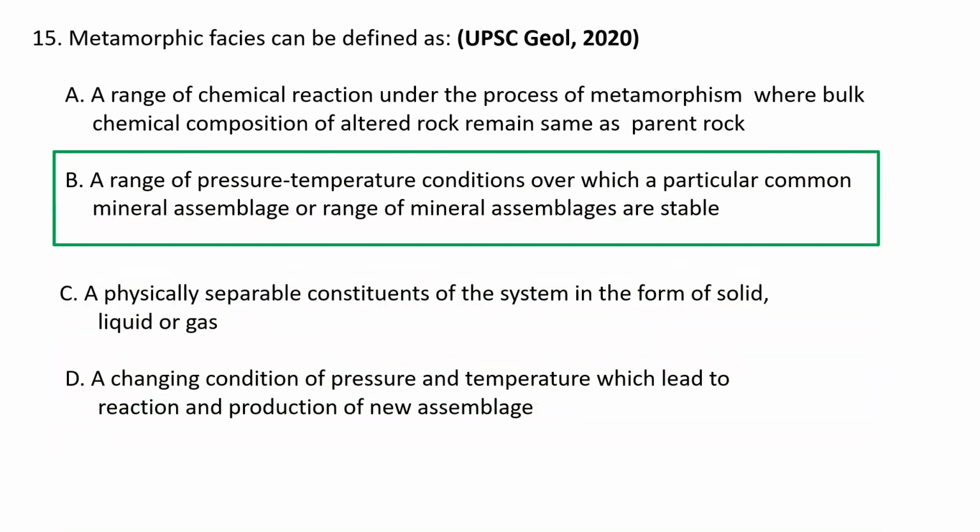So the correct answer is B. A range of pressure temperature conditions over which a particular common mineral assemblage or a range of mineral assemblages are stable. So this facies concept was proposed by Eskola.